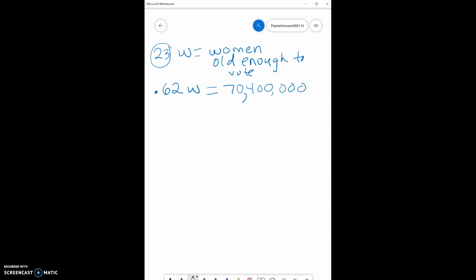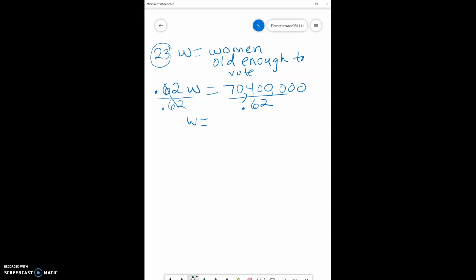Okay, so how would you figure out how to solve for women? Well, anything times, you would do the opposite and divide. And I'm guessing that y'all have gone over solving equations like this. So divide both sides by the number in front of the variable.